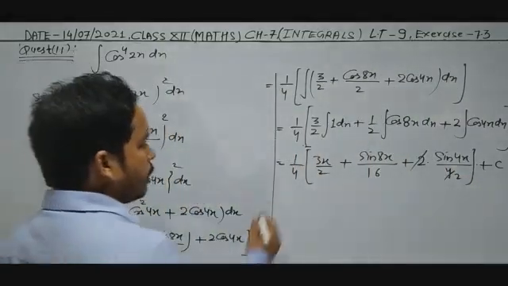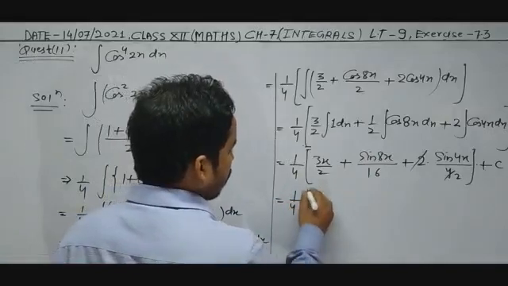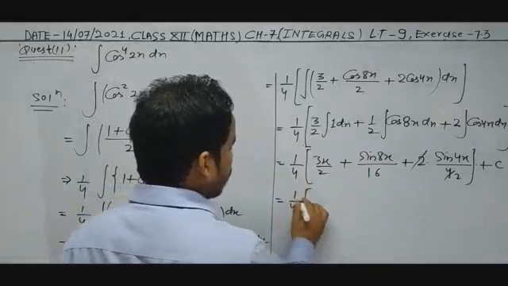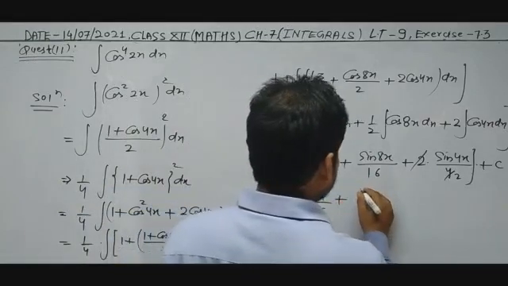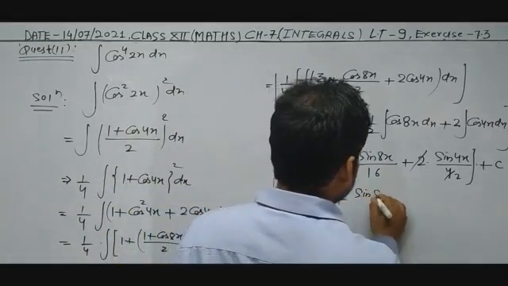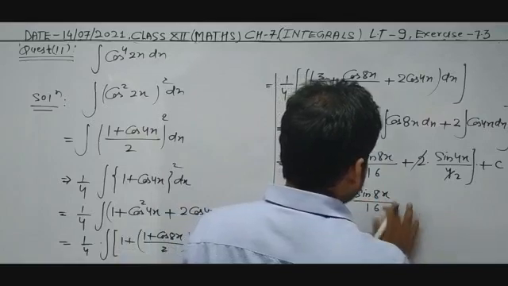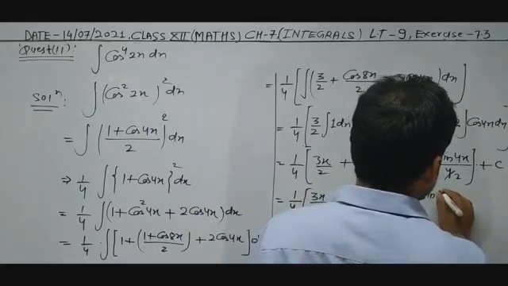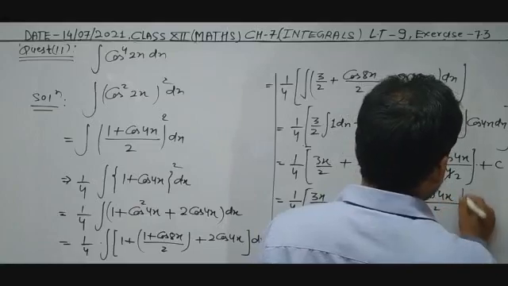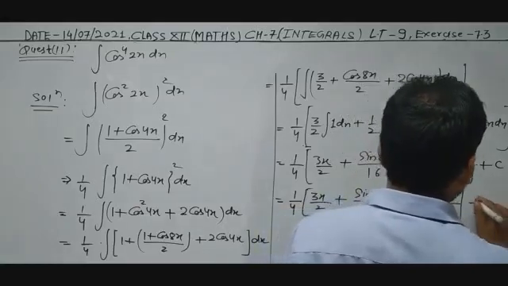So the answer will be 1/4 3x/2 plus sin 8x by 16 plus sin 4x by 2 plus c.